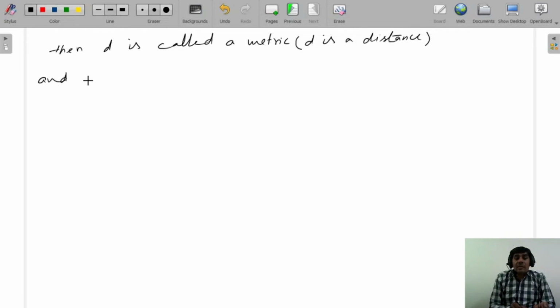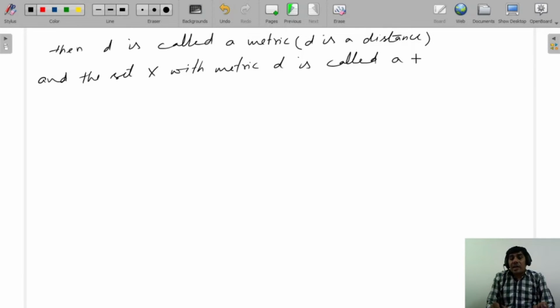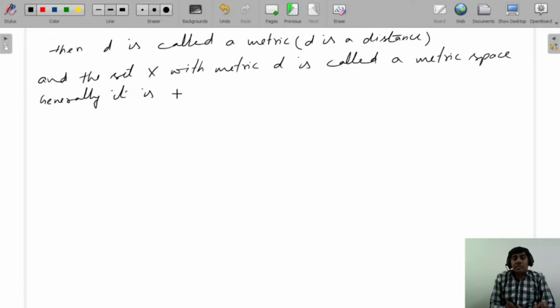And the set capital X with metric D is called a metric space. Generally, it is denoted by (X, D).